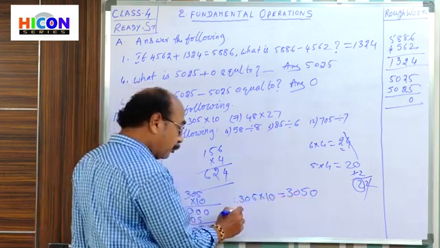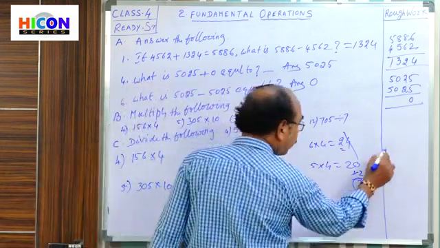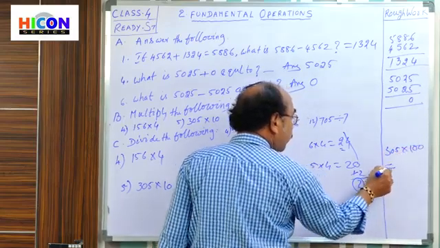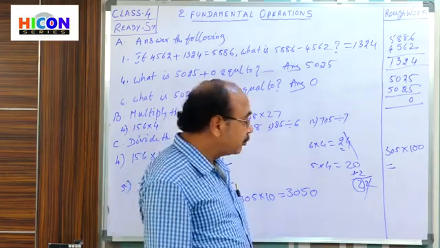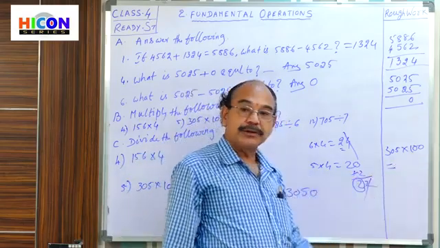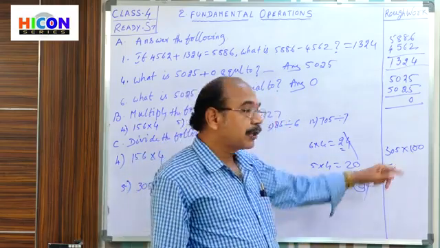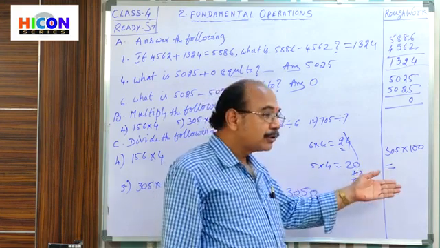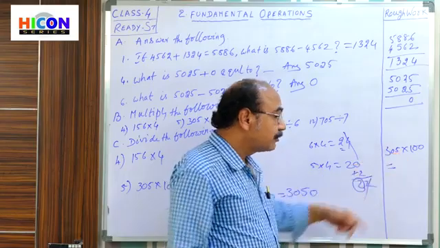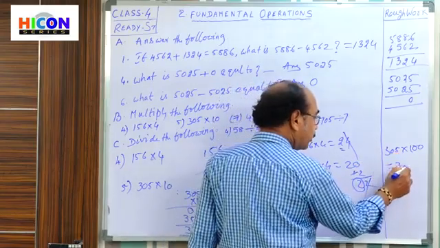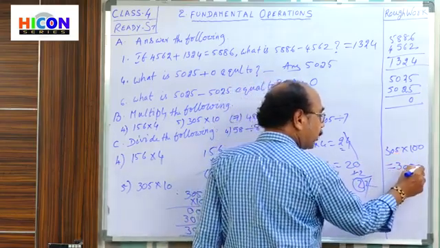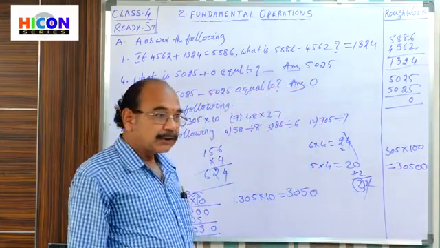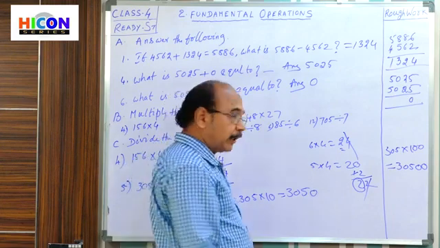If the number is multiplied with 100, then in writing the answer, first you see how many zeros are in 100. 2 zeros are there. So simply you keep 2 zeros at the end of this number. That means the number is 305, now simply keep 2 zeros.